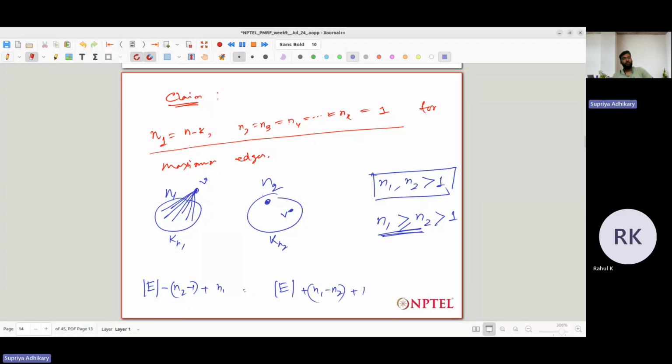But we assumed that the way we have created these connected components has the maximum number of edges. So that is a contradiction, and therefore our claim is correct. That is, if we consider only one component like this and the rest of the components with only one vertex, then only we have the maximum number of edges.